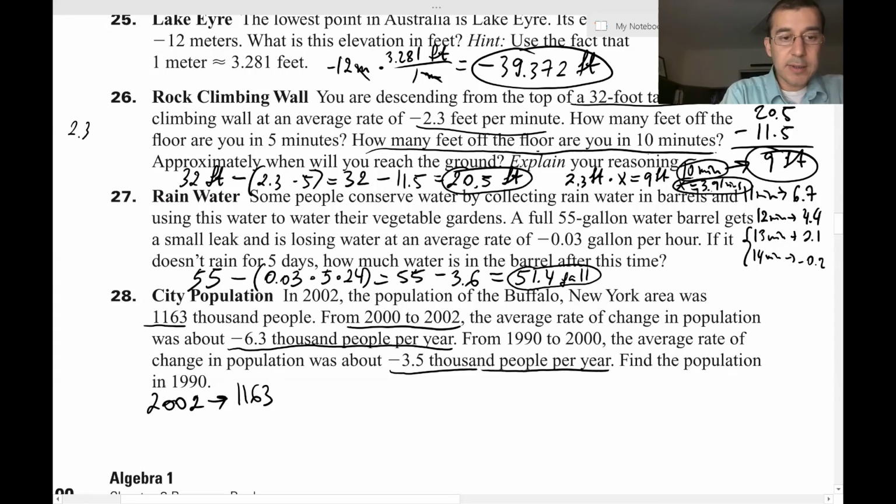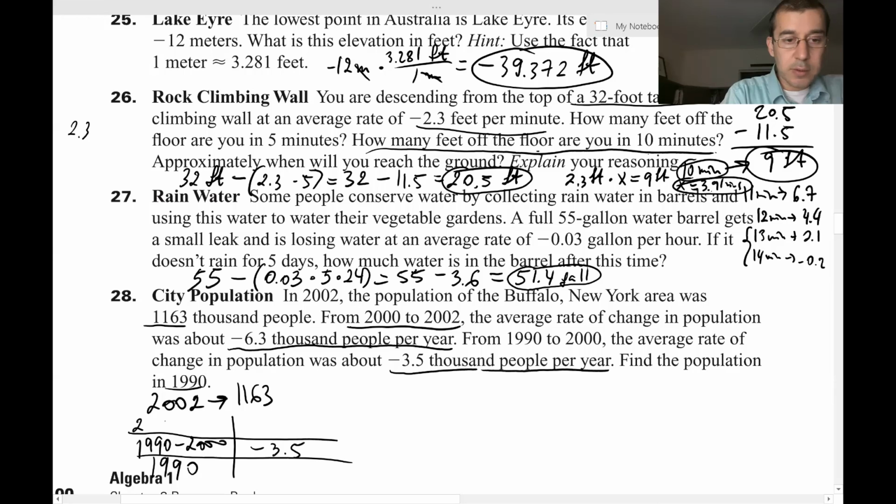Find the population in 1990. Okay, so in 1990 we have to find, and then we know that from 1990 to 2000, the rate of change was minus 3.5. And then from 2000 to 2002, the rate of change was minus 6.3. And then in 2002, we end up with this many people.